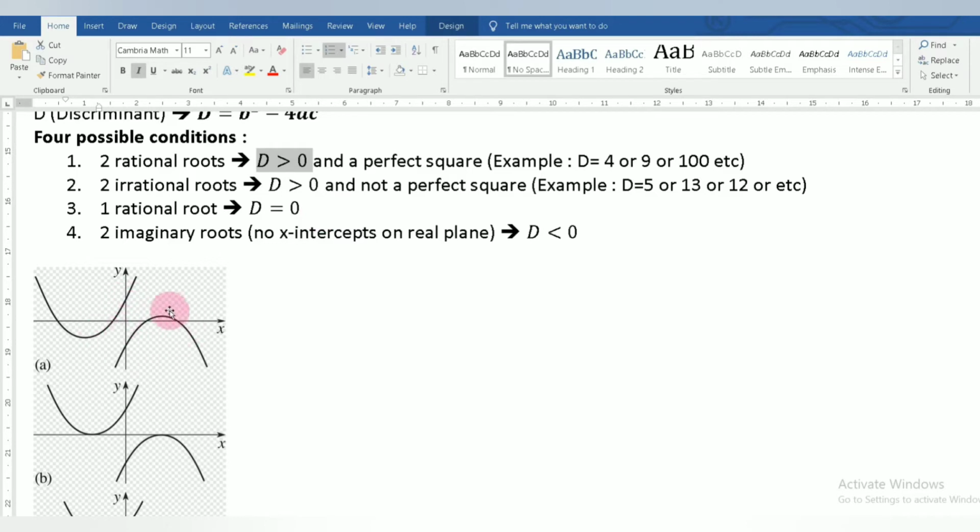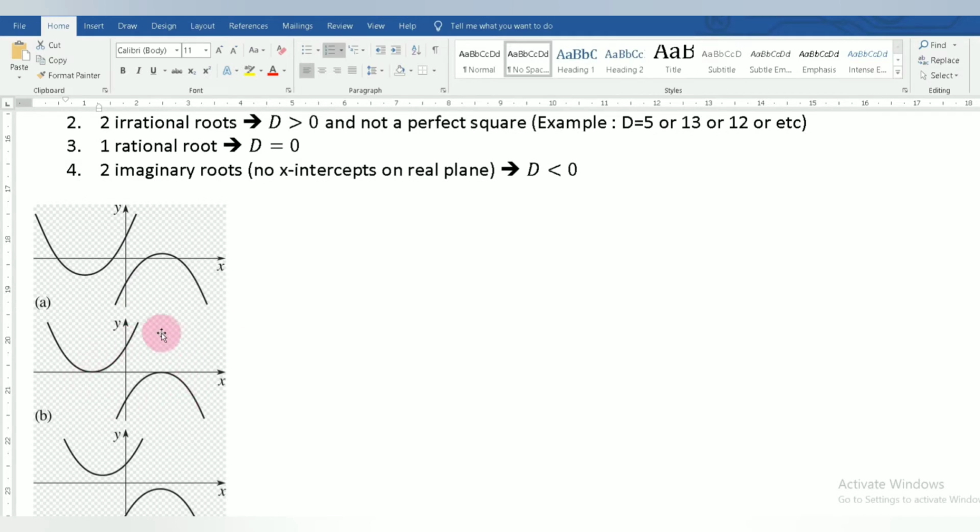The thing that differentiates whether they are rational or irrational numbers is whether D is a perfect square or not. So this will be the graph of a discriminant which is a positive value.